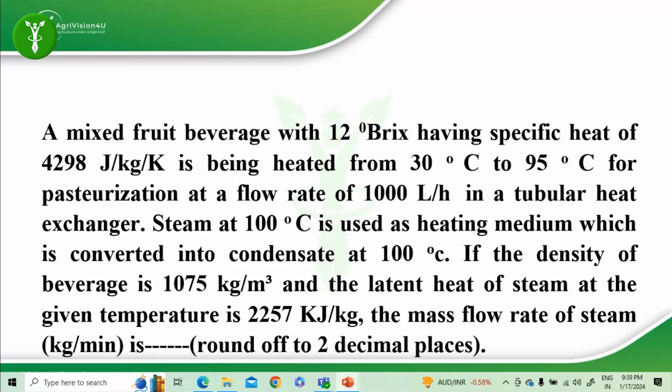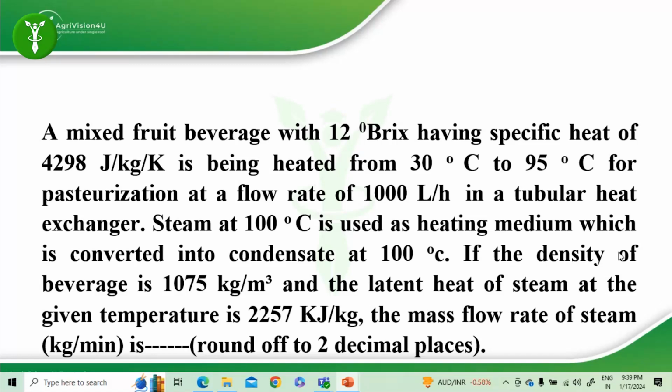The rate of gain of heat by fruit beverage will be the same as the rate of heat transfer from steam to fruit beverage.